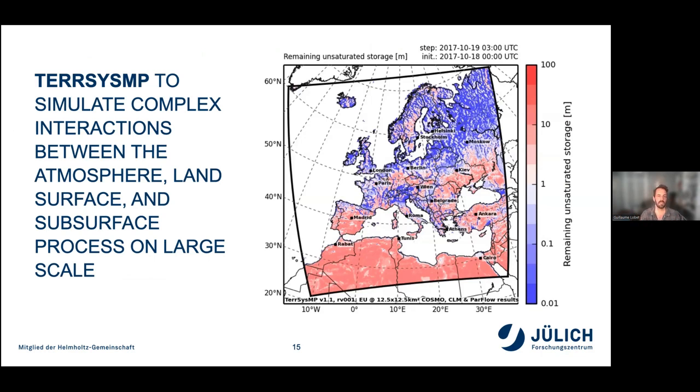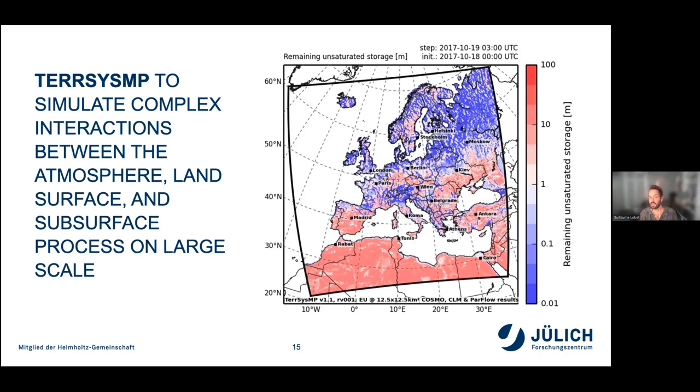And so TerrSysMP is able to predict water flow and changes, for instance, in the water content in the soil on a really large scale. And here we can see it's on the European CORDEX domain. And so this is again a much larger model. This one needs to be run on the supercomputer, and it runs on the supercomputer that we have in Jülich.